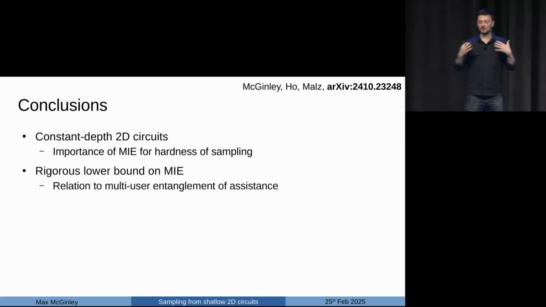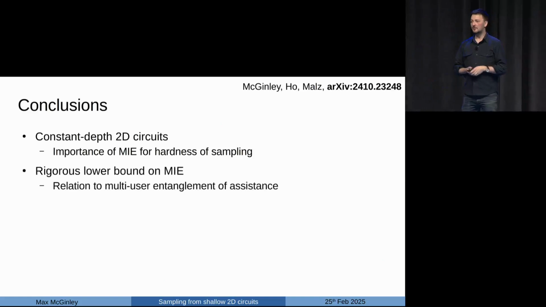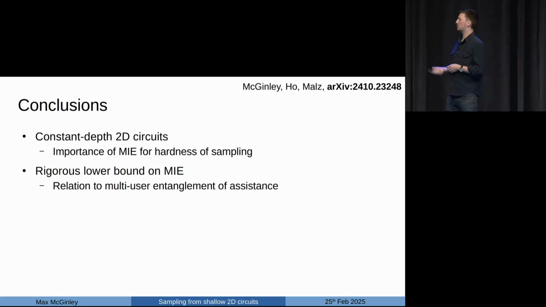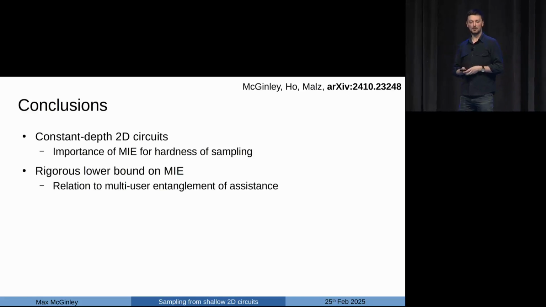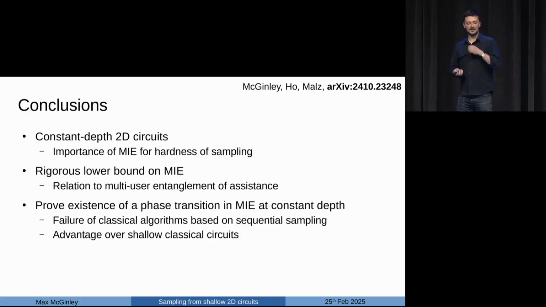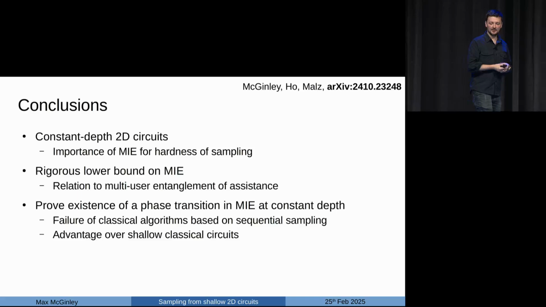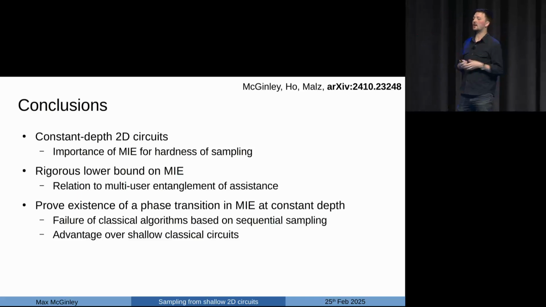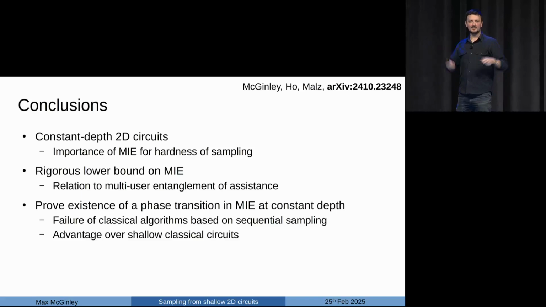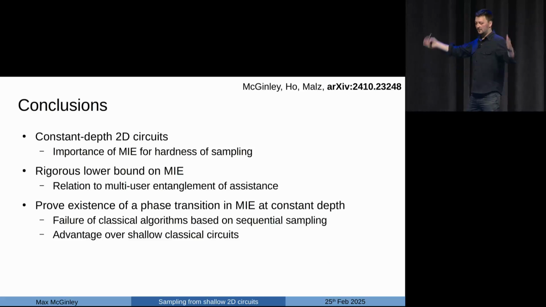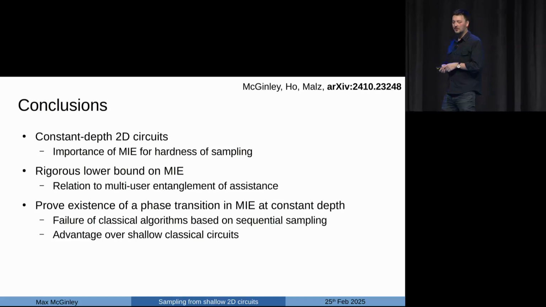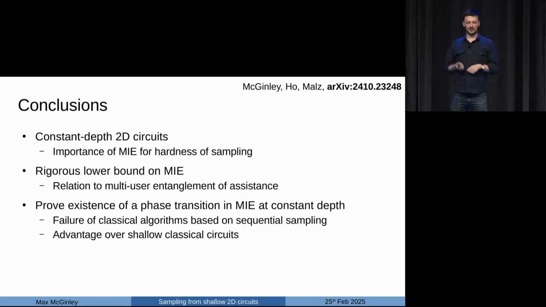I showed you how we managed to derive some rigorous lower bounds on the measurement-induced entanglement in these constant depth circuits, relating to a Shannon theory problem known as entanglement of assistance. And then we were able to show that there is this phase in which we get genuine long-range measurement-induced entanglement at constant depth with qubits of constant dimension, and related this to various complexity theoretic problems.